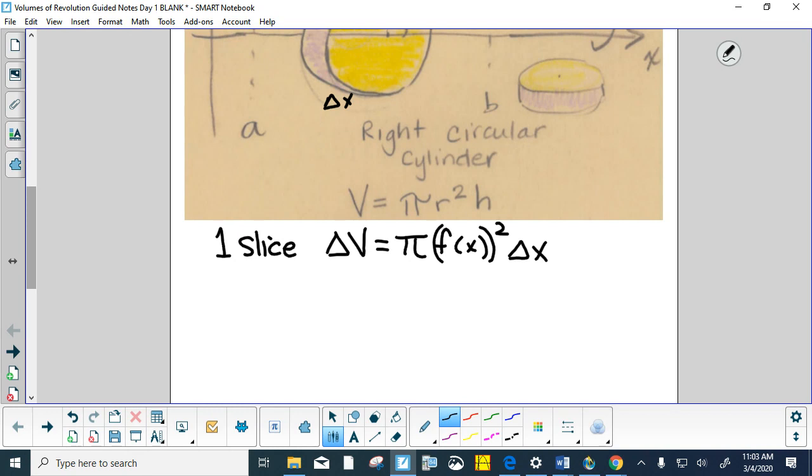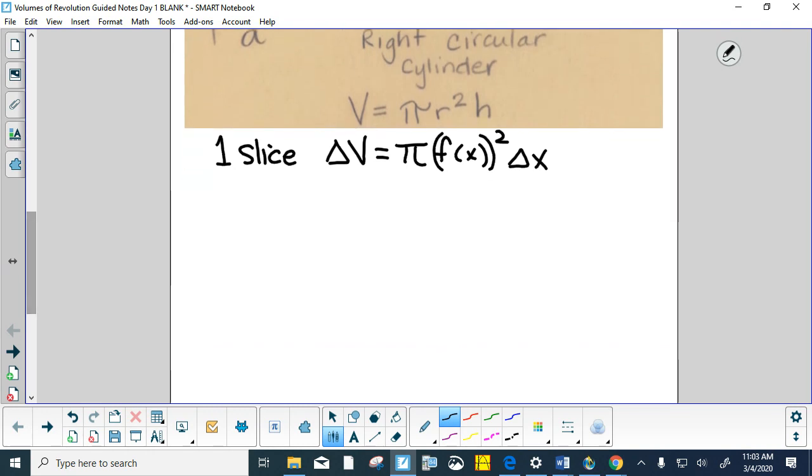Now I could take the limit as the number of discs go to infinity, or there's another representation for that. It's called the integral, right? Using the Roman S, I could say the complete volume is going to be pi times f of x quantity squared.